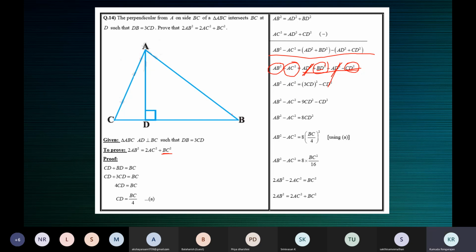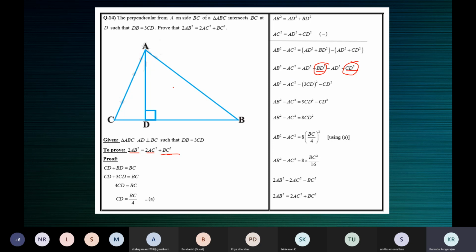See, children, here we have BD and CD. But in the final result, we have AB, AC and BC. So you should take away BD square and CD square. Where are BD and CD?